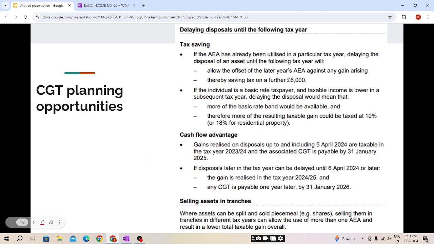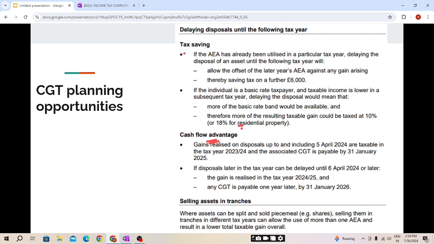So students, if a taxpayer is assuming that his total taxable income for future years will be low, such that the basic rate band will be available, what can he do? He can dispose of the asset in future years, students, so that he will pay the tax at a smaller rate, that is 10 and 18%.